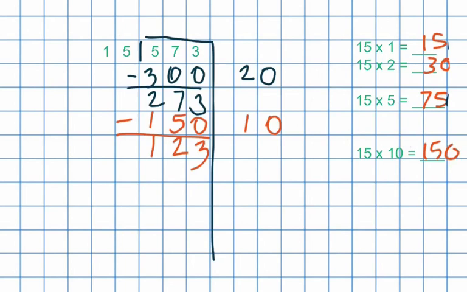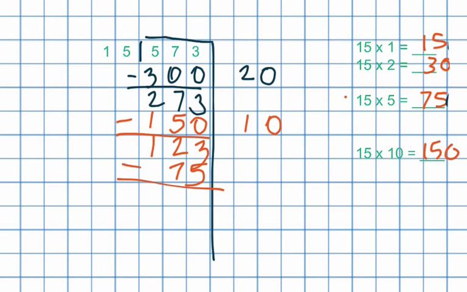I simply need to look at smaller chunks. Now I can think of 15, 30, 75, and 150. Of these, the largest size chunk that I would be able to take out would be the 75. So I'm going to put 75 right here.